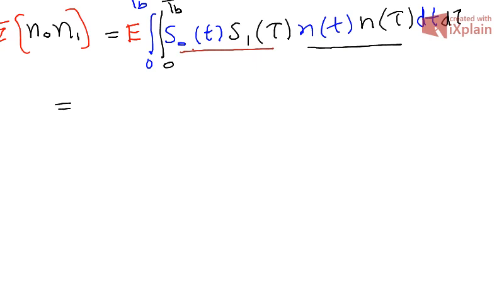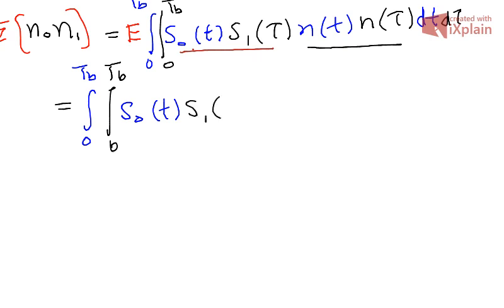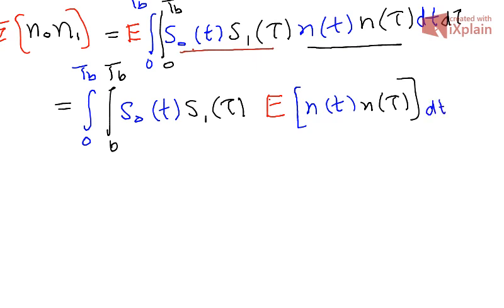So we can rewrite our expression in this form: the integral from 0 to Tb, and 0 to Tb, of s0 of t, then s1 of tau, and the expectation operation running on n of t and n of tau, with dt and d tau.